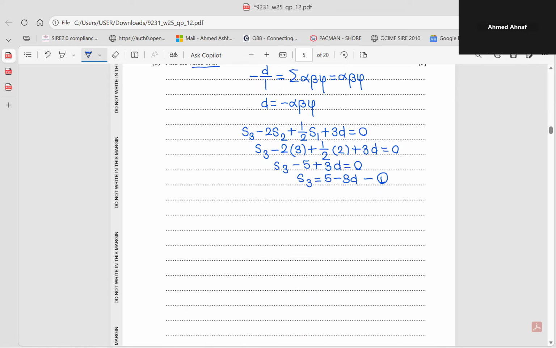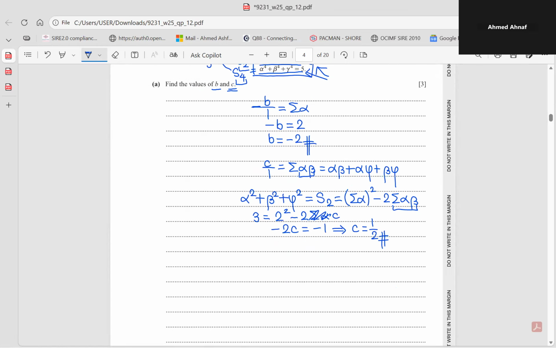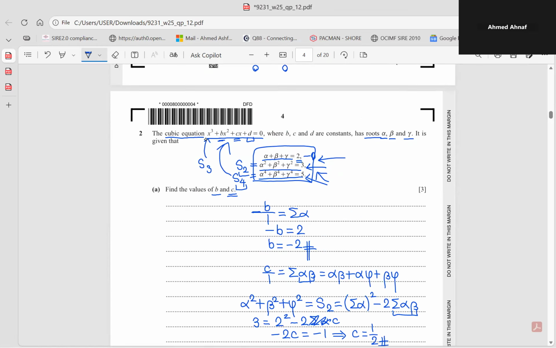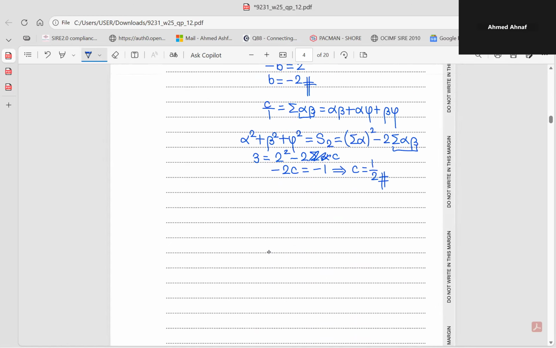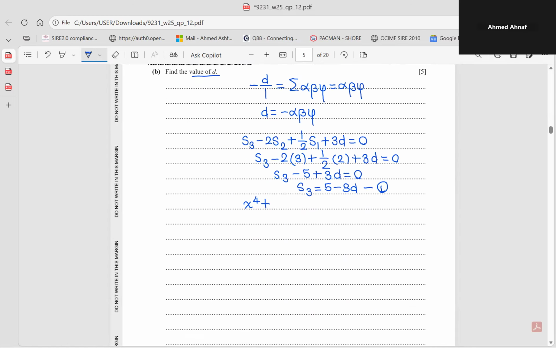Now our next step is to multiply both sides of our cubic equation by x. That results in x to the power 4 plus b, which is minus 2, so minus 2x cubed, plus half x squared plus dx.